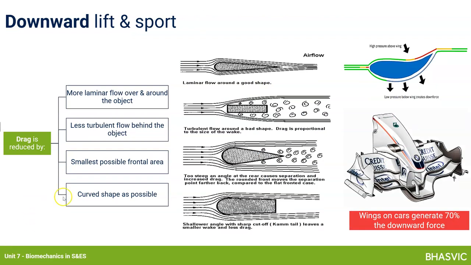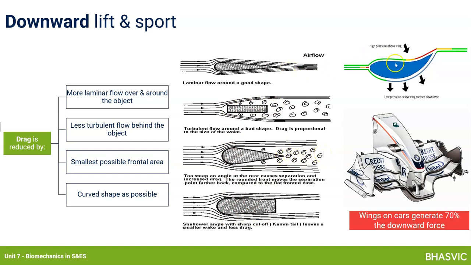Now, obviously what we don't want with vehicles and certain objects is loads of drag, this resistant force slowing the object down. And for that reason, again, this sort of aerofoil shape is even better. We get this lovely laminar flow, the air sticking to the boundary layer, or the boundary layer sticking to the object, as opposed to other shaped objects whereby we get turbulent flow behind.